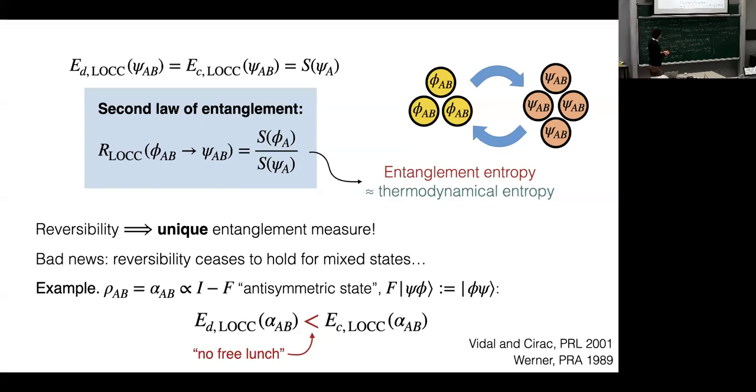You can estimate the distillable entanglement and entanglement cost of both, and they turn out to be quite different. In particular, if the local dimension of the space goes to infinity, the distillable entanglement goes to 0, like 1/d, and the entanglement cost stays fixed. It's constant. So there's an arbitrarily large gap.